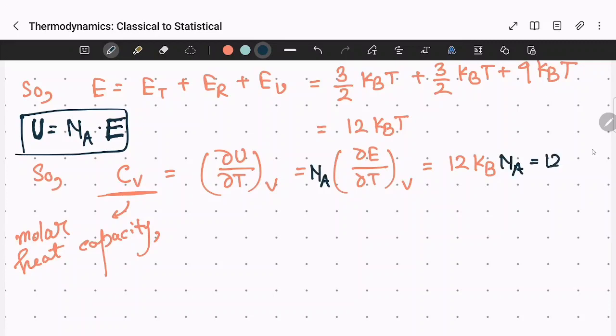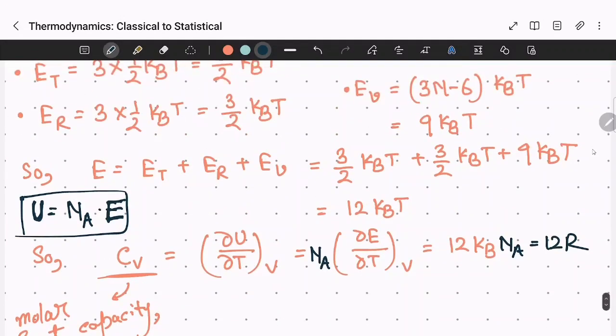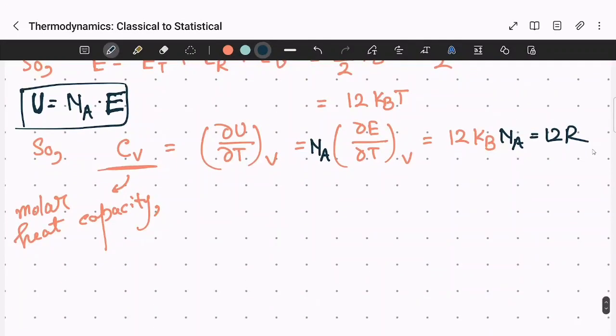Then it is actually 12 R. This internal energy E is for only one molecule, but we have to consider one mole of gas because Cv is molar heat capacity. That's why we multiply with NA. So Cv is 12 R.